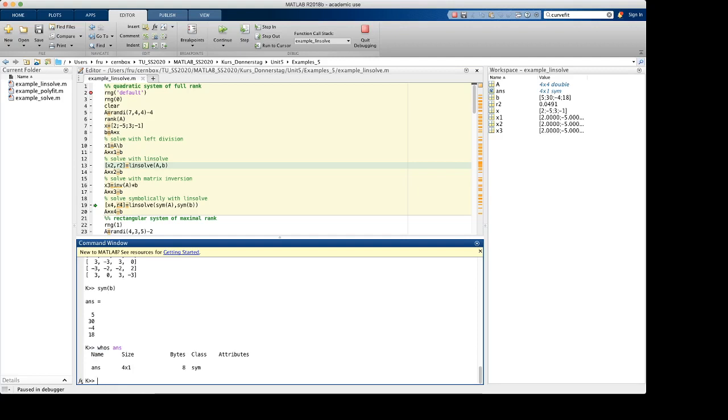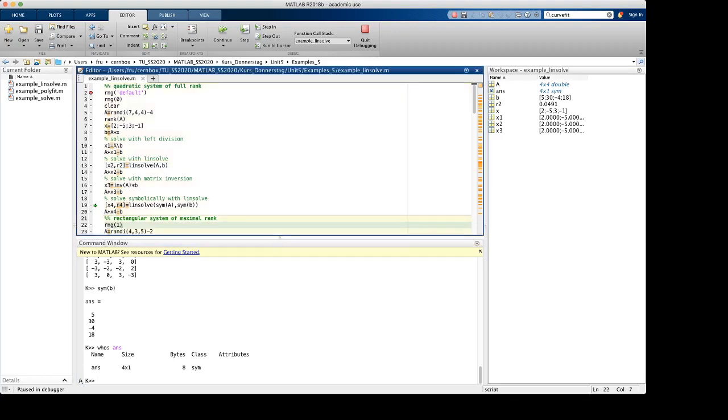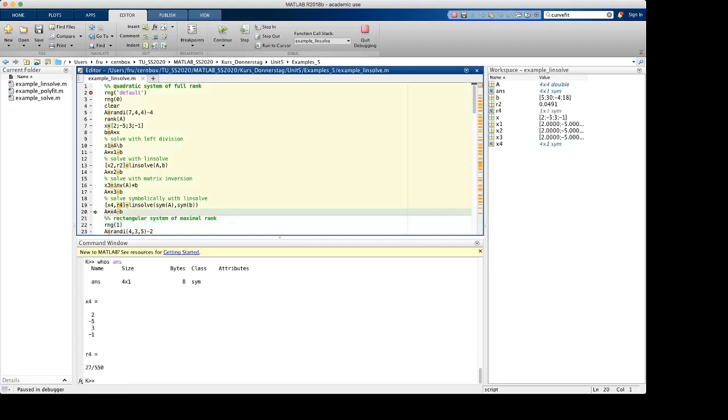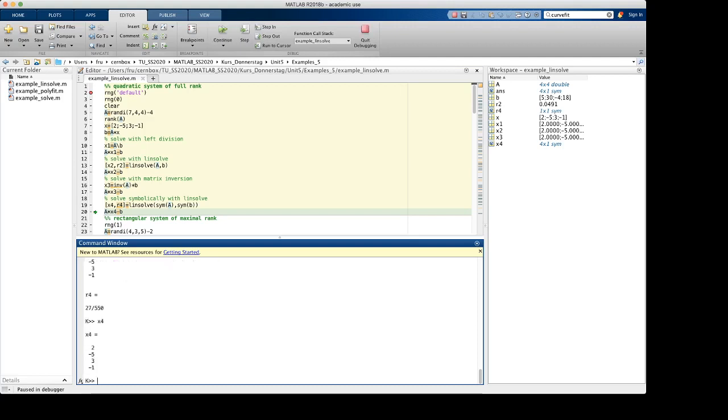Now linsolve can be called with symbolic arguments, and of course the result will again be symbolic variables. So if you look at X4, these are now symbolic constants, and R4 is also a symbolic constant. It's exactly equal to 27 over 550.